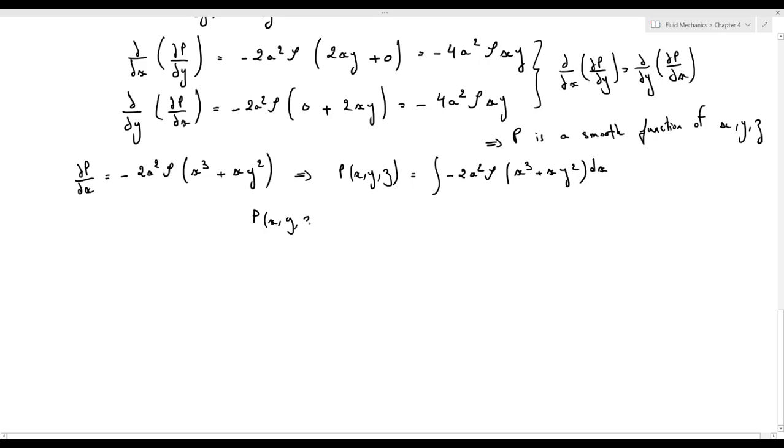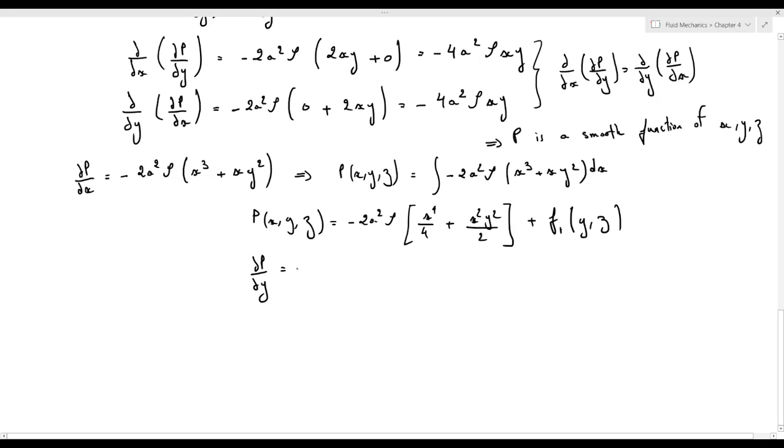If we do the integration, we will obtain minus 2a² ρ (x⁴/4 + x²y²/2) plus a function f1, which is a function of y and z, the other variables that we did not perform the integration on. So we performed the integration on x, so the other variable will be a function of y and z.